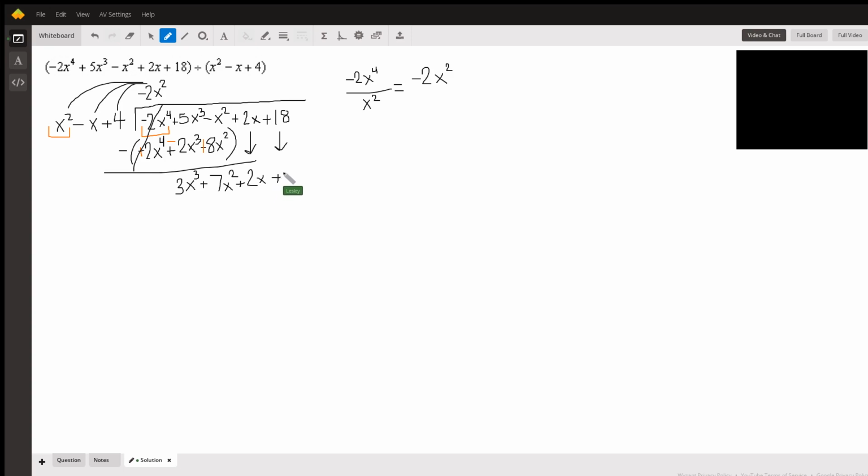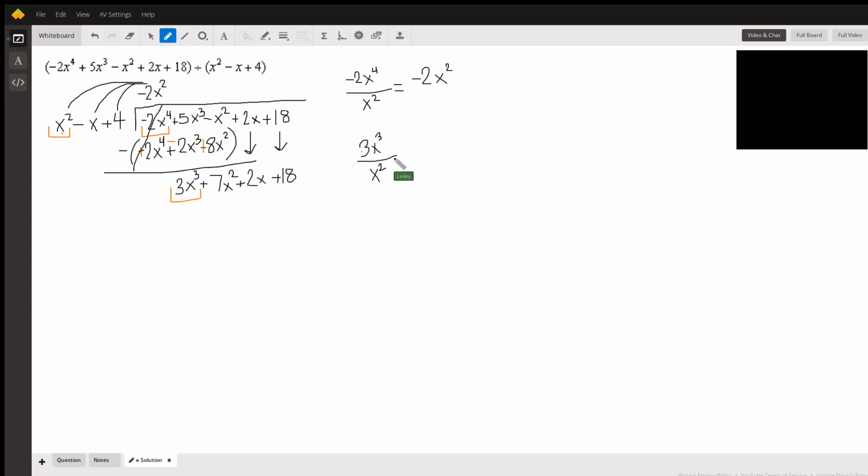And then I'm going to do it again. Remember these; we'll be doing the same thing with these two. So 3x cubed divided by x squared. I'm going to write it down just so that we can follow along: 3x cubed over x squared.